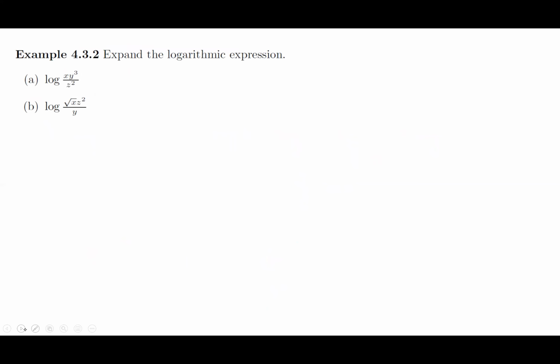Okay, let's use these to expand. So for A, I have xy cubed over z squared. And so what I'm going to do is think about order of operations, right? You've got this numerator, you've got this denominator, and you're dividing them. So I'm going to start by dealing with the quotient. Okay. And then I can keep going, right?